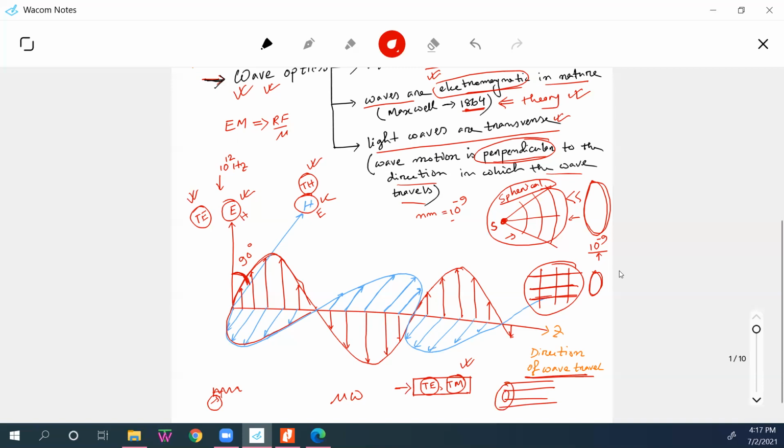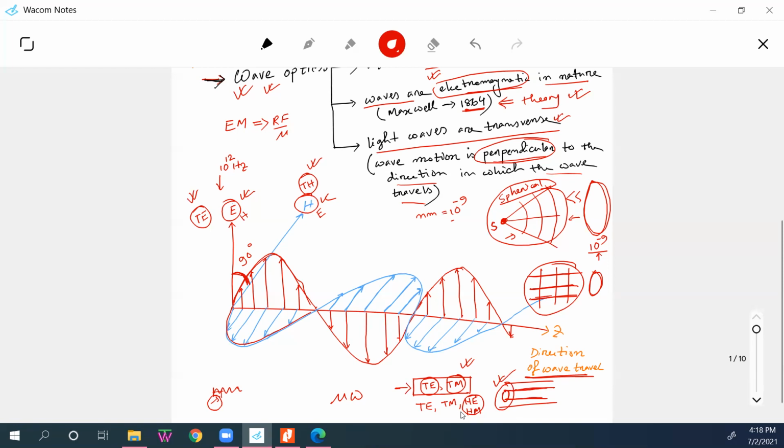That's why, instead of transverse electric and transverse magnetic only, there are also hybrid modes. If it's a hybrid electric, we call it HE. If it's a hybrid magnetic, we call it HM. These two extra modes arise in optical fiber mode analysis because of the difficulty of the boundary condition between core and cladding.